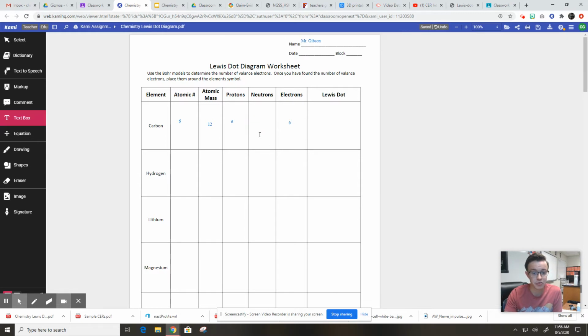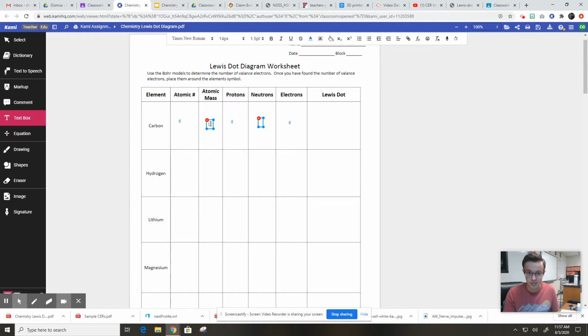That was easy. Now, neutrons. What in the world, how do we find the neutrons? Well, the atomic mass is actually all the protons and the neutrons, however many of each of those there are, added together. So if we've got 6 protons, we've got an atomic mass of 12, then how many neutrons added to 6 would give us an atomic mass of 12?